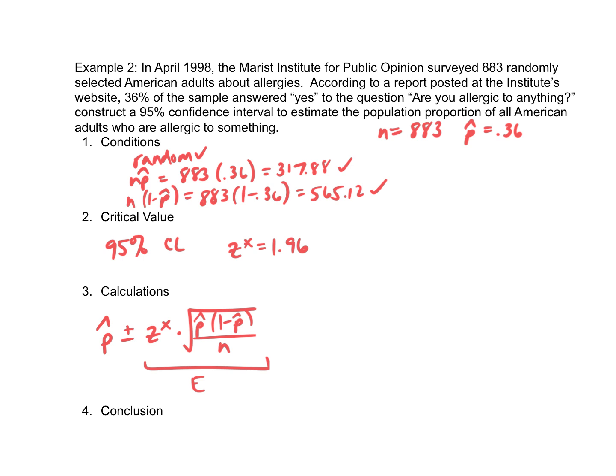So 0.36 plus or minus 1.96 times the square root of 0.36 times 1 minus 0.36 over 883. In case you've forgotten how to do this with the calculator, you're going to do 0.36 minus 1.96 times the square root of this, enter, and then arrow up, grab that equation, and change your minus to a plus.